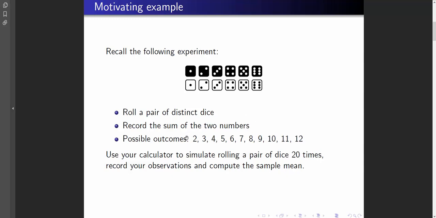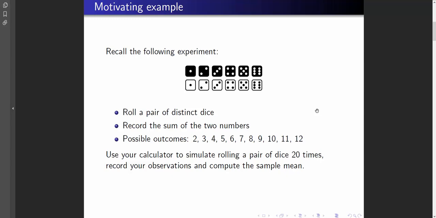So all your possible outcomes are listed right here, and the smallest number is 2, the largest number is 12, and then everything in between can happen, okay? And of course there is a probability associated with each one of these outcomes, so we could come up with a whole table that describes the probability density function.